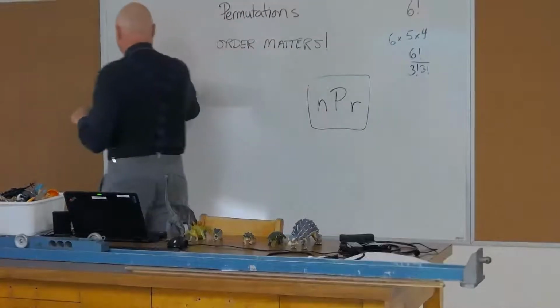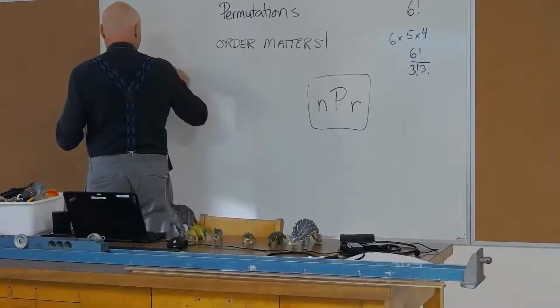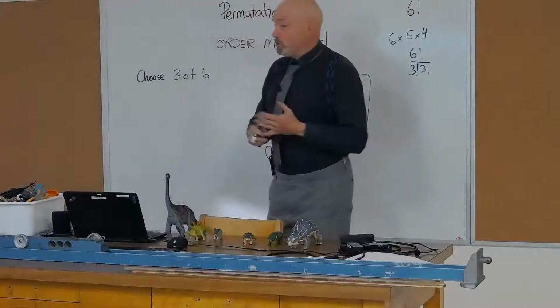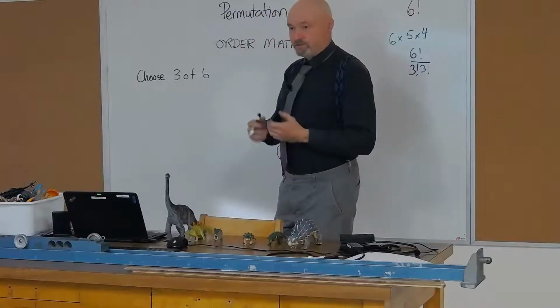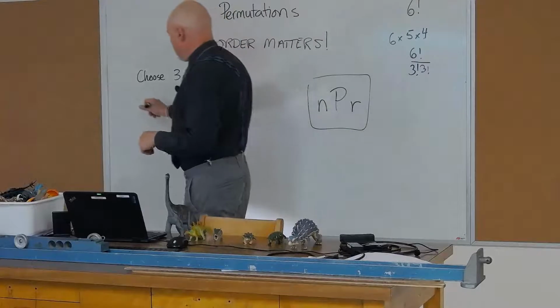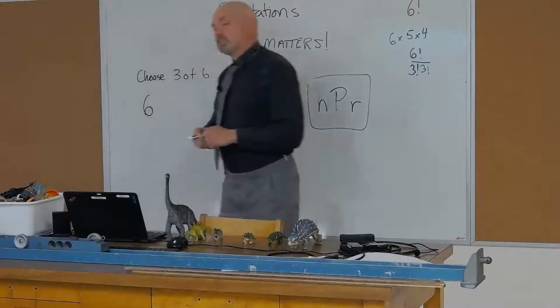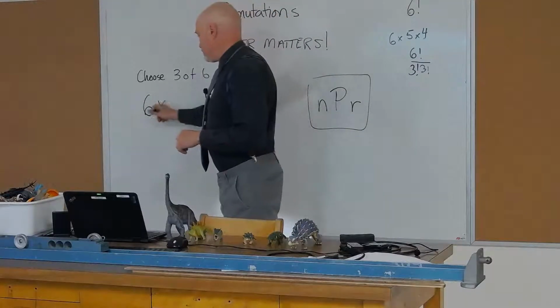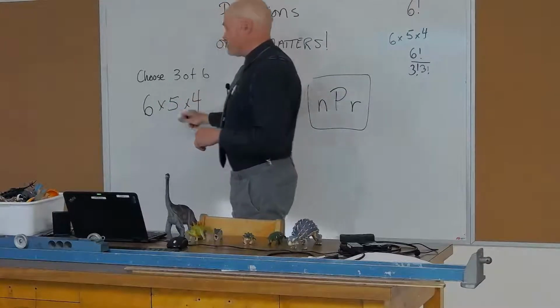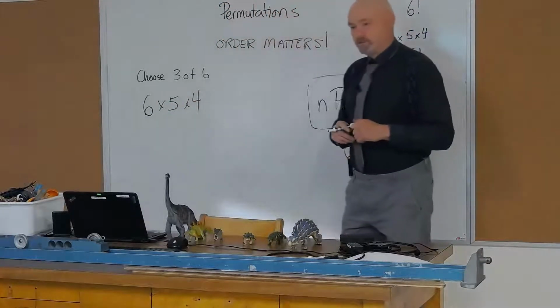So choose 3 of 6. And order matters in this case because somebody's going to be number 1 dinosaur, number 2 dinosaur, number 3 dinosaur. 6 choices for president dinosaur, 5 choices for vice president dinosaur and 4 choices for secretary of state dinosaur.